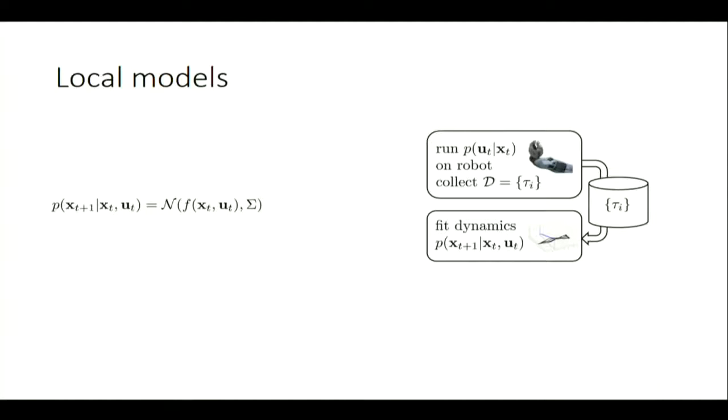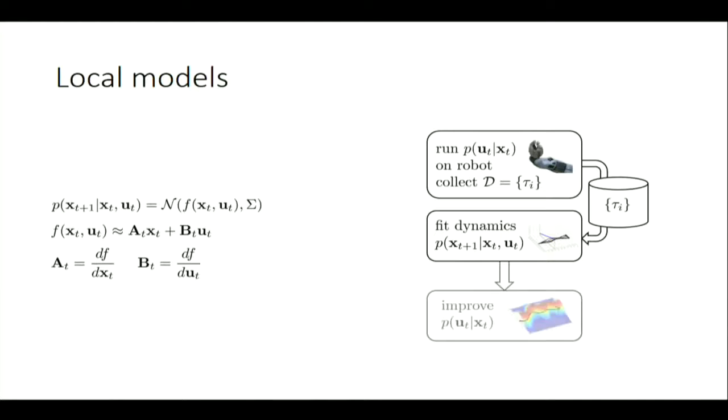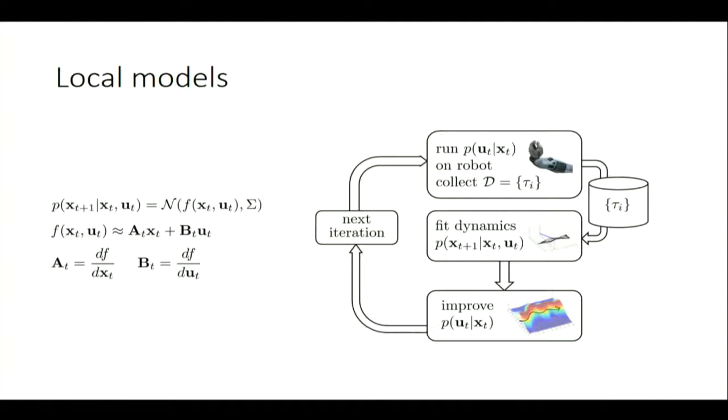And that dynamics model gives us maybe conditionally Gaussian dynamics. So it's some linear mean and some covariance. So we're approximating f of xt comma ut by a linear system, different at every time step, which is an approximation of the derivatives of the real dynamical system, which we can then feed into some trajectory improvement procedure like LQR from last week, and then we can repeat this process.